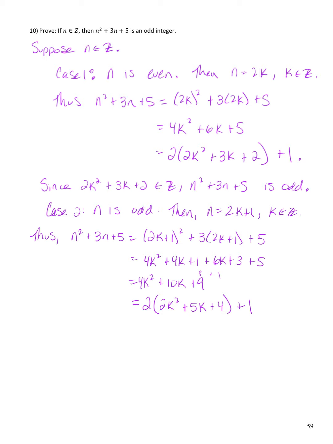I've written n squared plus 3n plus 5 as 2 times an integer plus 1. So I just finish this up by saying since 2k squared plus 5k plus 4 plus 1 is an integer, n squared plus 3n plus 5 is odd. And now I've shown it for both cases, whether n is even or n is odd, n squared plus 3n plus 5 is odd in both cases.